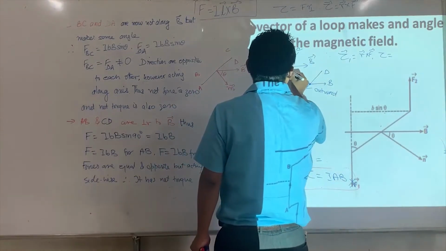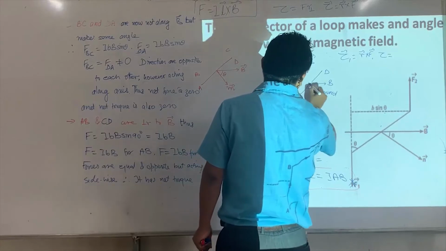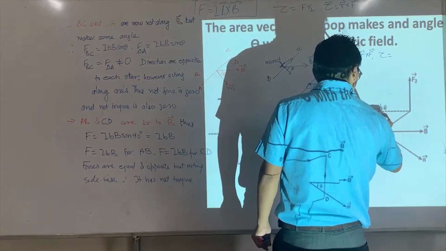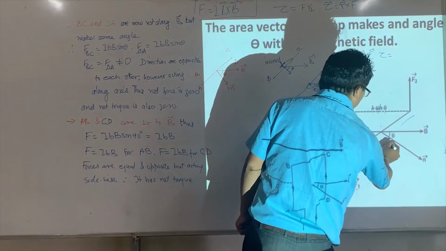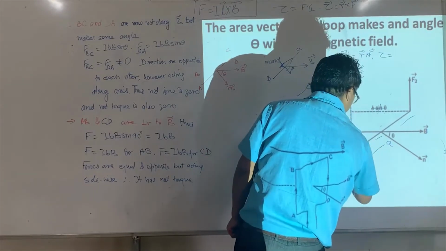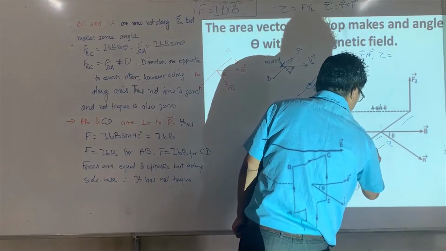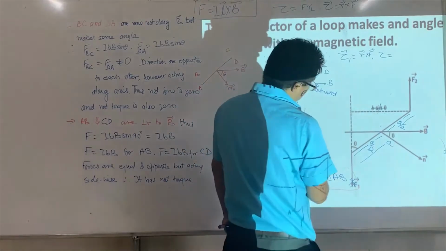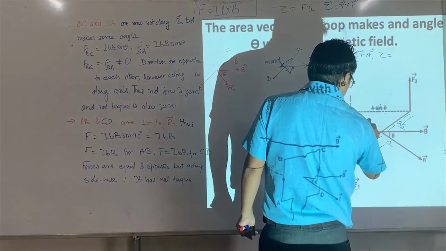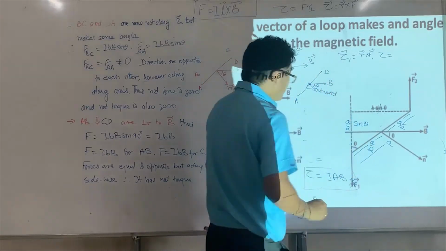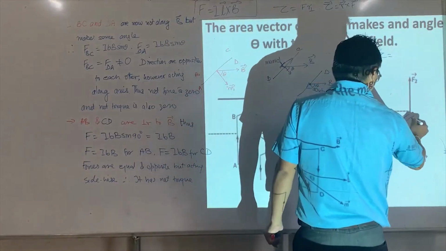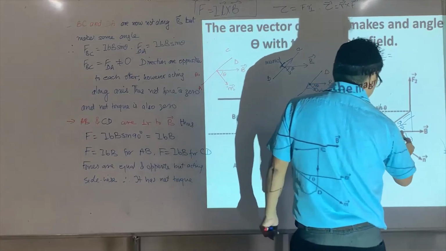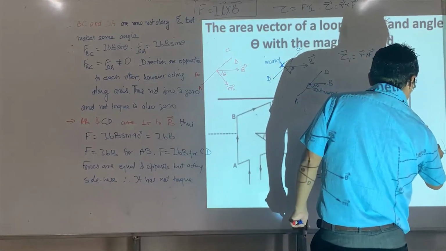This is going to be this theta. Let's say it is theta. This is the perpendicular distance. This whole thing is a, this is going to be a by 2. So this is going to be a by 2 sine theta.